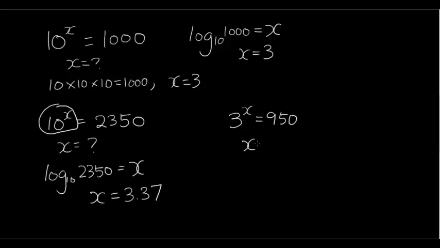How do we know what x is? Because we don't have log base 3 on the calculator. So how can we figure out what that one is? Before we can do this, we now need to introduce you to some rules with logarithms.